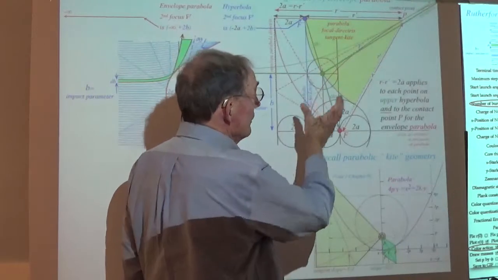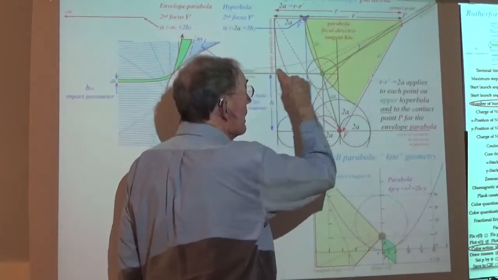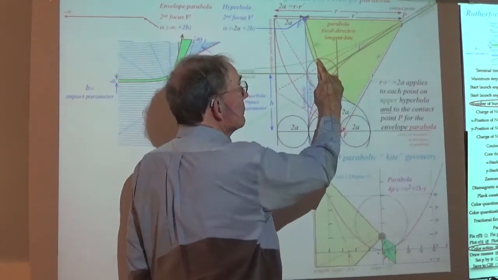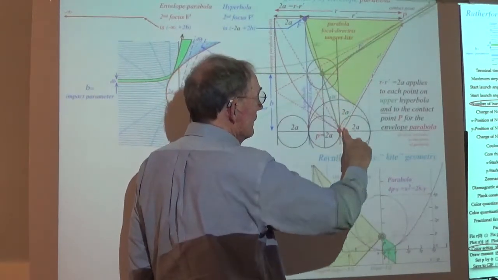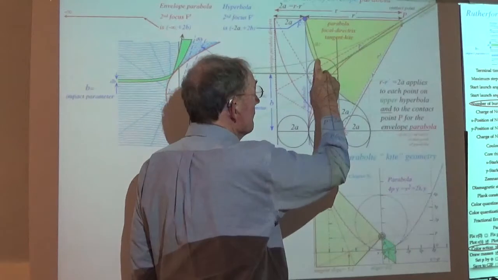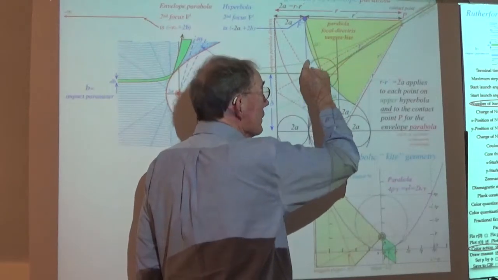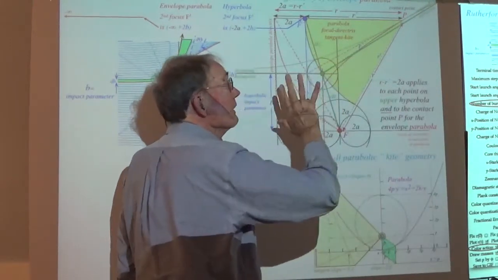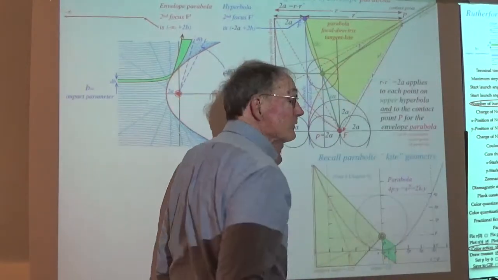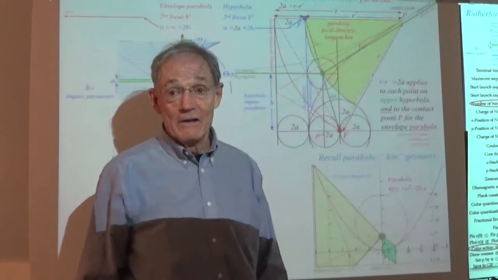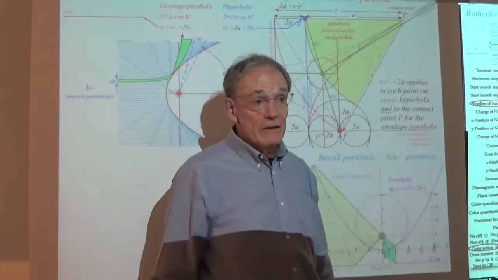Okay, and that is an orbit that comes up and contacts the closest approach point, and that's what we're looking at right here, the closest approach point right about there, and then goes on to have another contact at the end of the kite. So the question is, how do you draw the kite? Okay, how do you locate that?